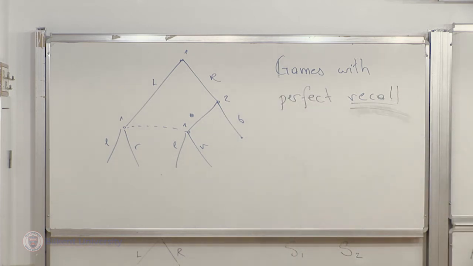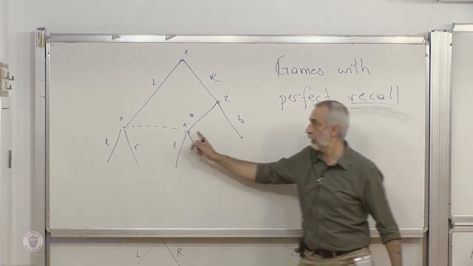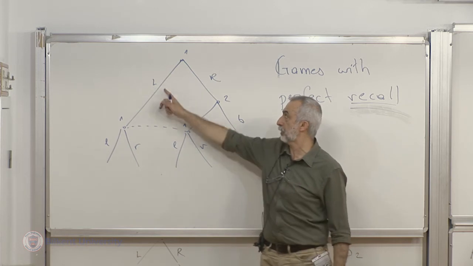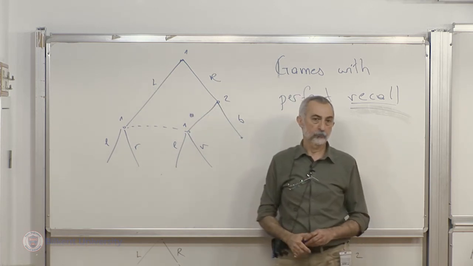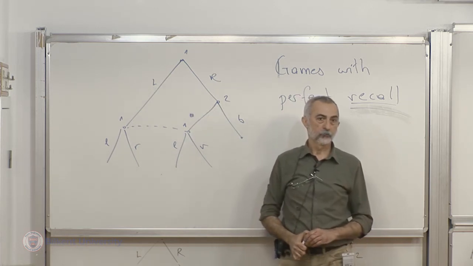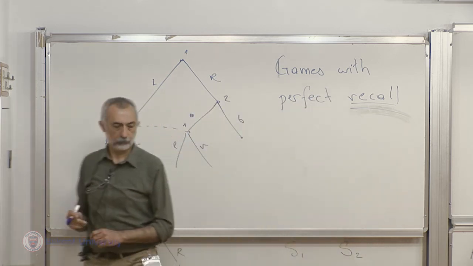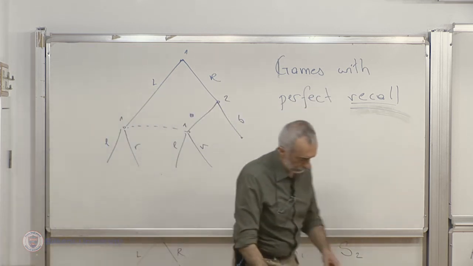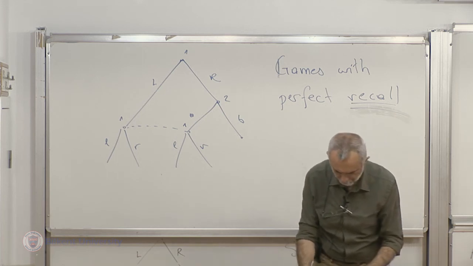They can remember what they have done in the past. So this is not a game of perfect recall, because player one forgot that he played L or R. Okay? So in such games, actually, I do have an example for that.